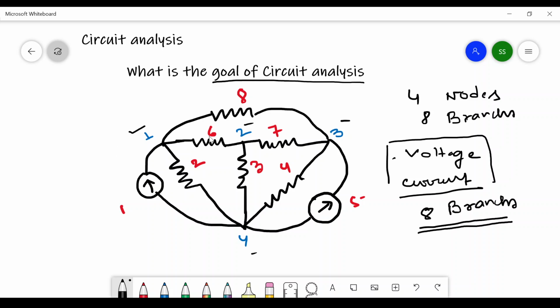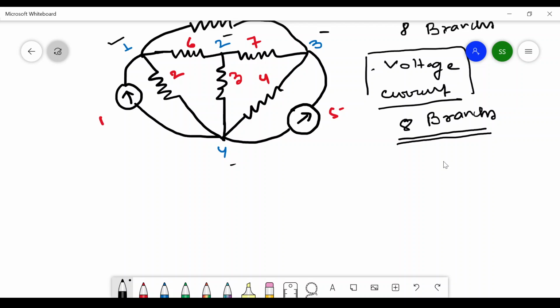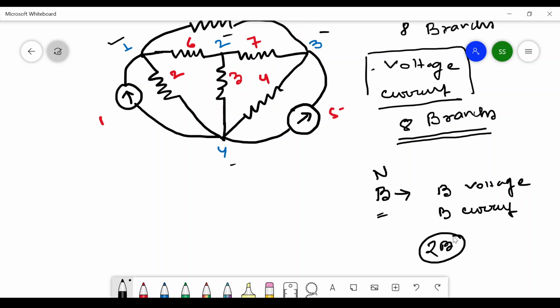Now if I say that we have a circuit with n nodes and b branches, then we will have b voltage values and b current values for b branches. So with circuit analysis our goal is to get 2b parameters. And how to get those 2b parameters?